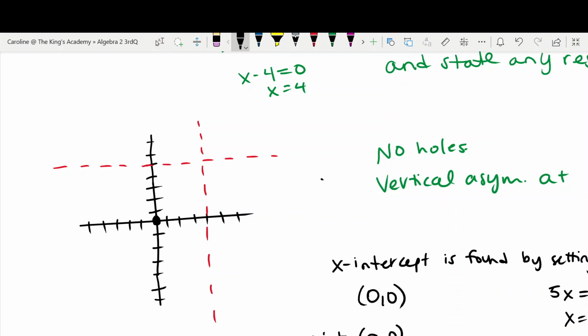So I knew the only way that this would make sense is if I had something over here that's approaching each of these asymptotes. I knew that because that's the definition of an asymptote, right? It's a place where all the values start to get closer and closer and closer on both sides. And then I knew that this side was a reflection of that.